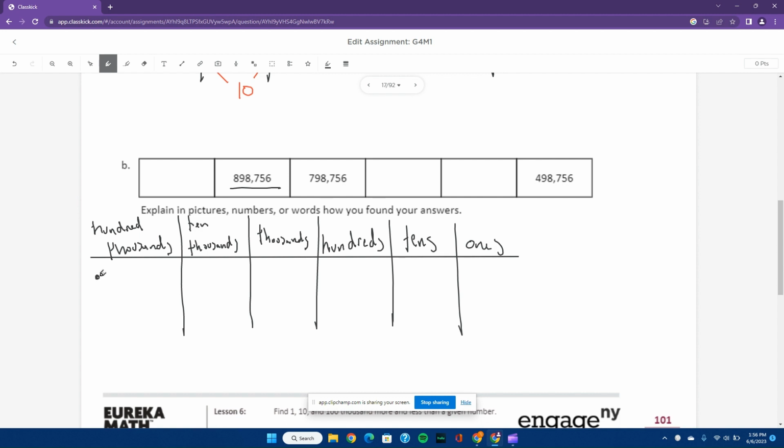So we have 800,000s, 9 10,000s, 8,000s, 700s, 5 10s, and 6 1s.